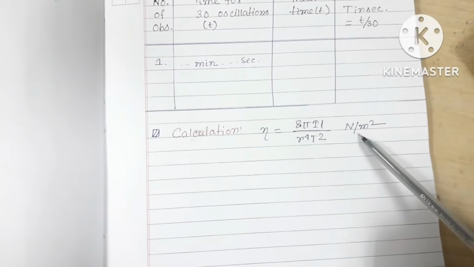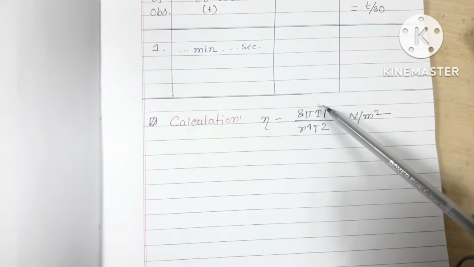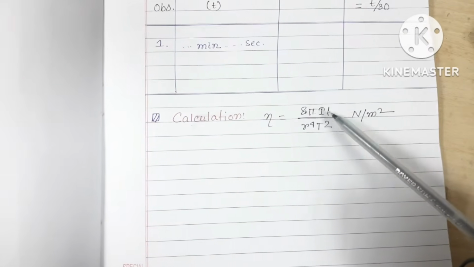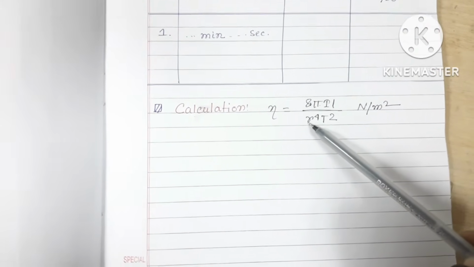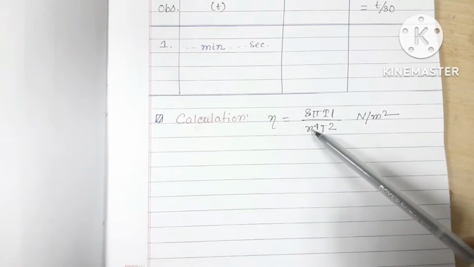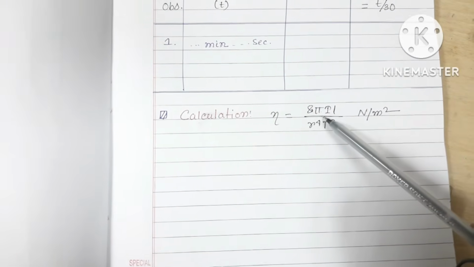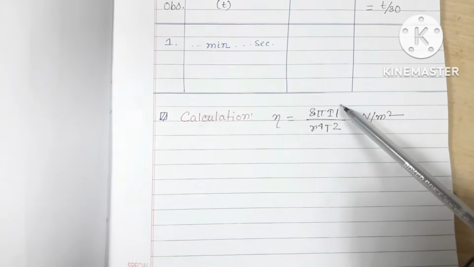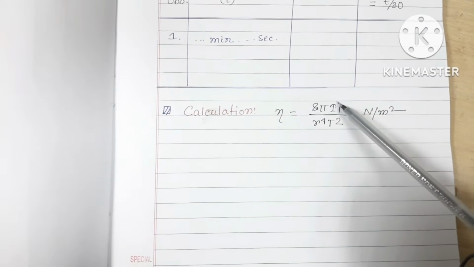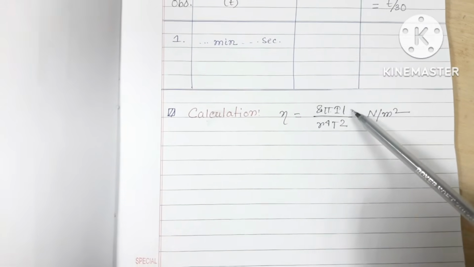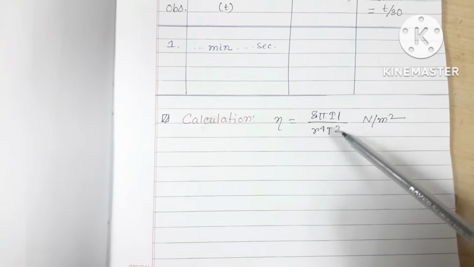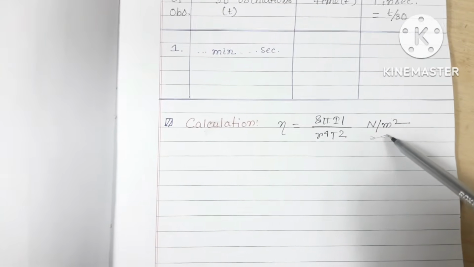But you have to take care that all the parameters are in the same unit. That means you will find r in millimeter, so you have to change this r into meter, okay? In I equals half m r square, capital R will be in centimeter, you have to transform it into meter, small l also in meter, and T in second, and then you will get it in Newton per meter square.